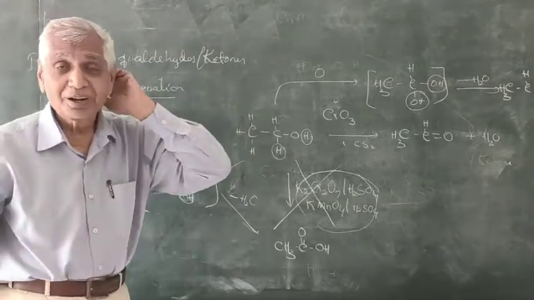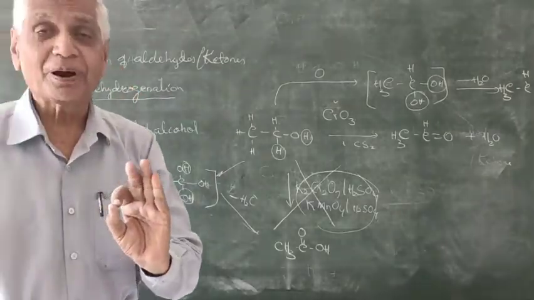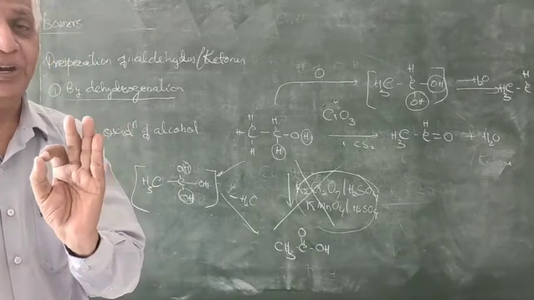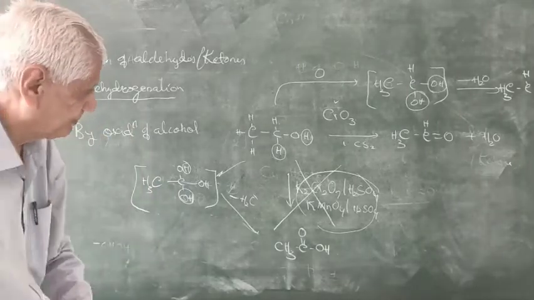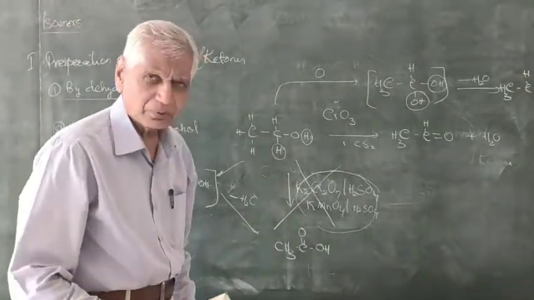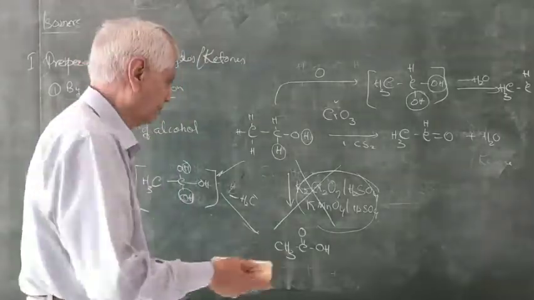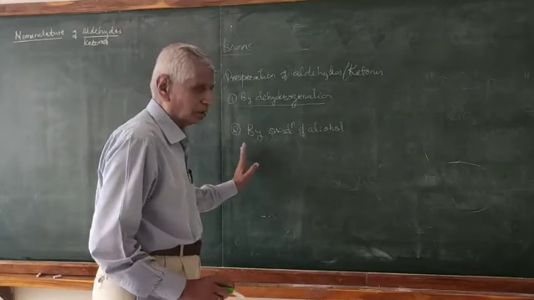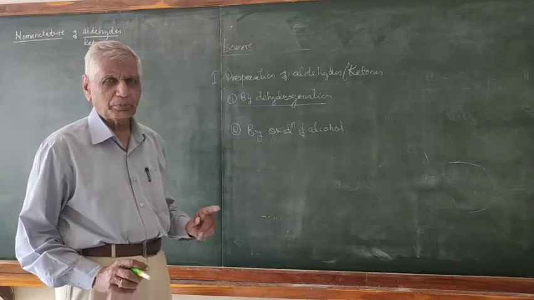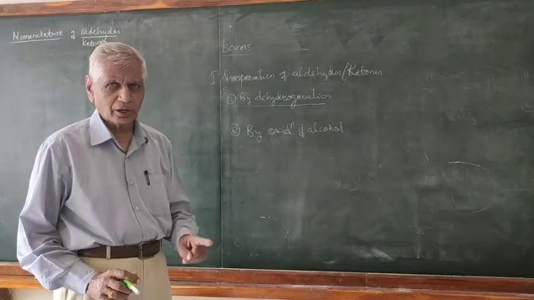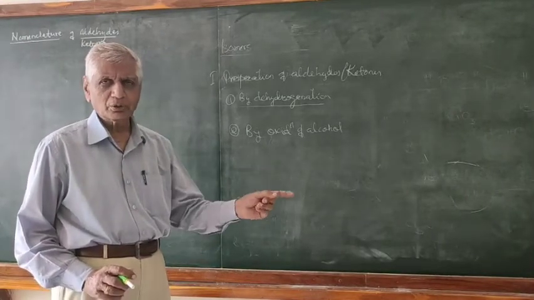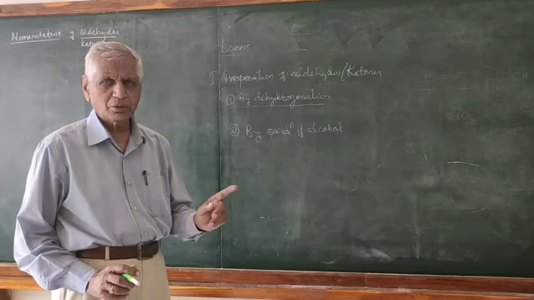That's why I told you the convenient method of preparation of aldehyde is the dehydrogenation reaction of alcohol. Remember it? Follow? Not follow? Shall I repeat it? Okay. So we know that aldehydes and ketones can be prepared from either primary alcohol or secondary alcohol. From primary alcohol we get aldehyde, from secondary alcohol we get ketone.